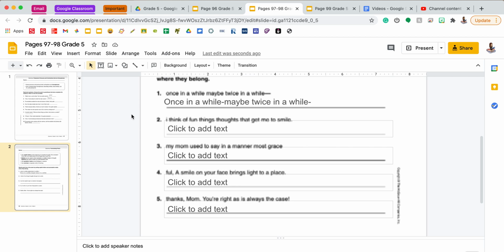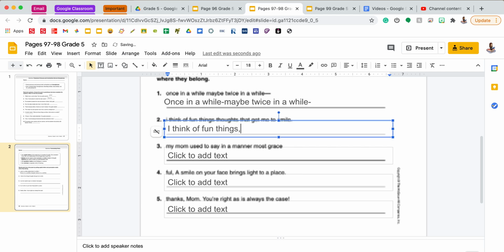The next line says, "I think of fun things, thoughts that get me to smile." I am going to put a comma between things and thoughts to show a pause needs to happen. Going to leave the period at the end to show that lines 1 and 2 are a complete thought and they are now over.